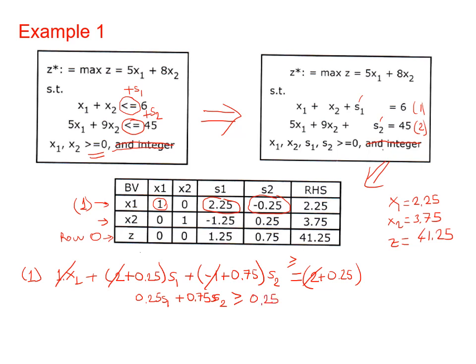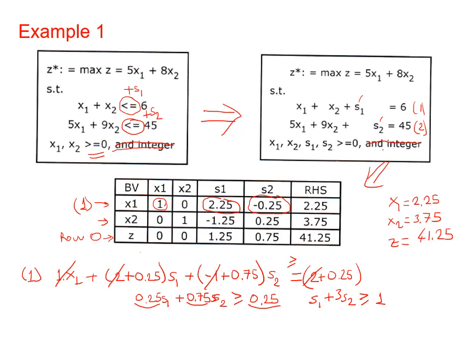So this is the cut. If you want, you can rearrange this because 0.25 means 1 over 4, this is 3 over 4, and this is 1 over 4. So you can just ignore those over 4s, and basically write this as S1 plus 3 S2 greater than or equal to 1. So you can convert this constraint into this version.